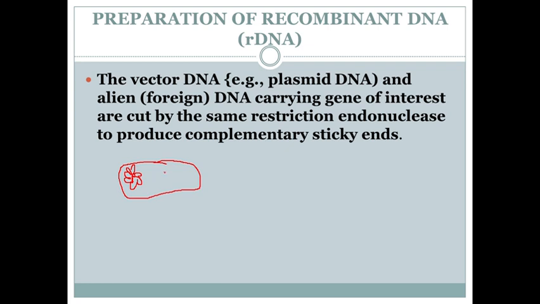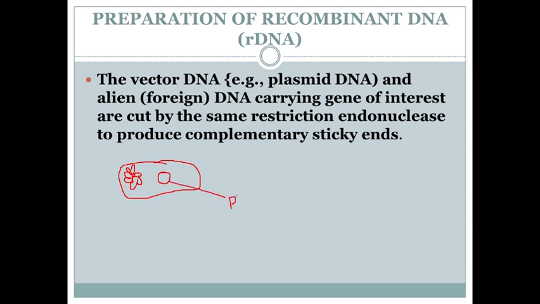Apart from this, some bacteria have an extra chromosomal circular molecule of DNA which confers special properties on them, and that circular molecule of DNA is called a plasmid. So here is the plasmid.